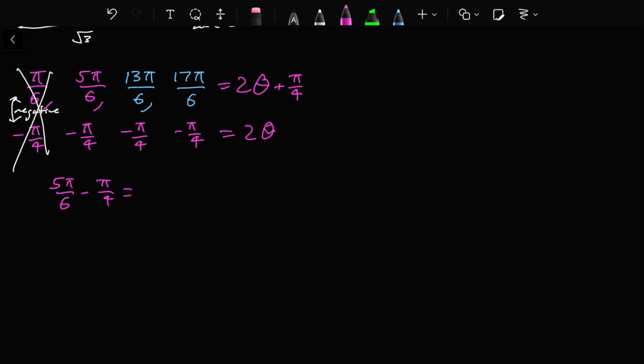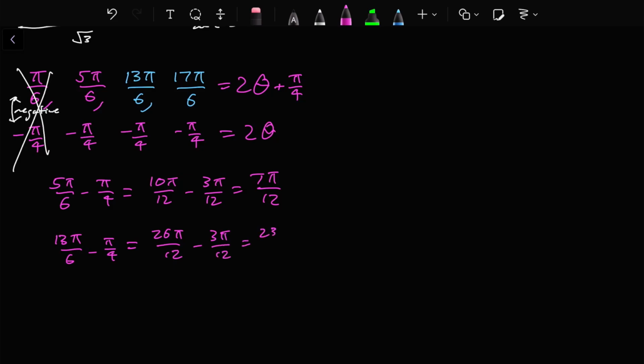Well, hopefully quickly anyway. 10 pi on 12 minus 3 pi on 12 is 7 pi on 12. 13 pi on 6 minus pi on 4 equals 26 pi on 12 minus 3 pi on 12 equals 23 pi on 12.